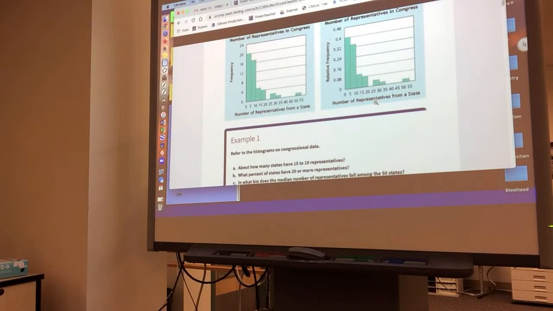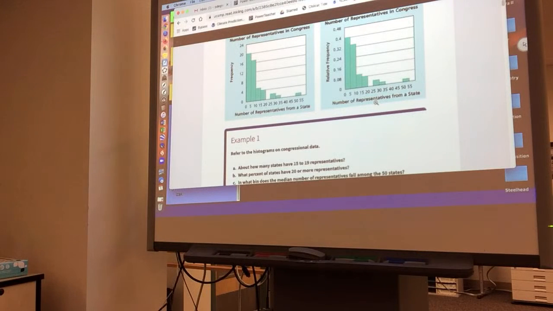How many states do we have? 50. So, to get to the median, how many states do you have to count through when you look at how many reps they have? 24. And then the 25th and the 26th become the numbers that you use for your median. So then what do you do with that? Do you go in between them?